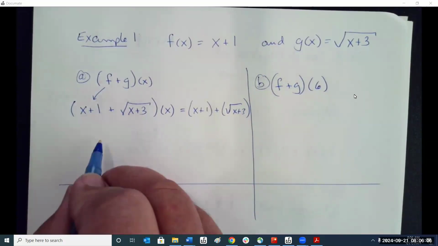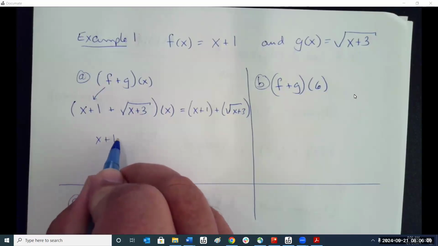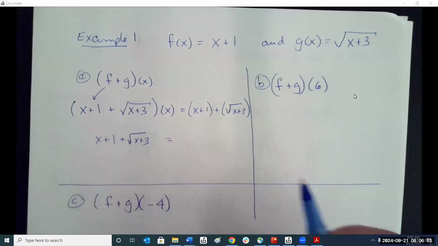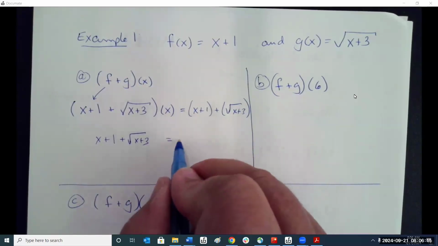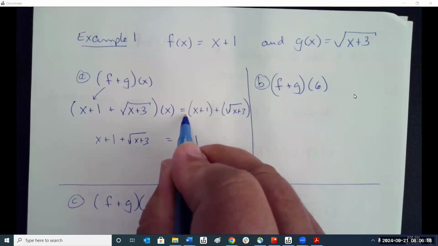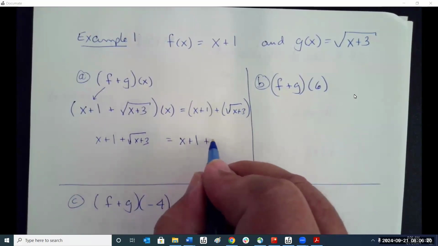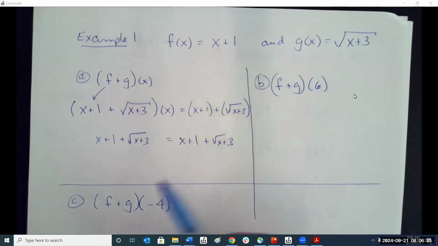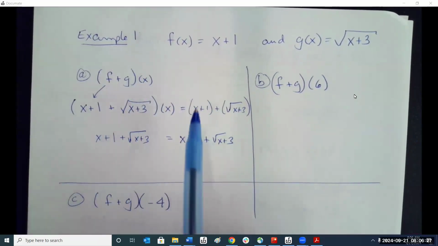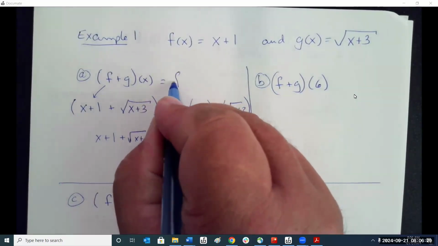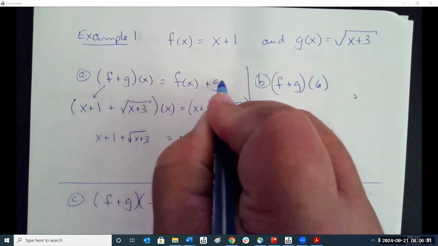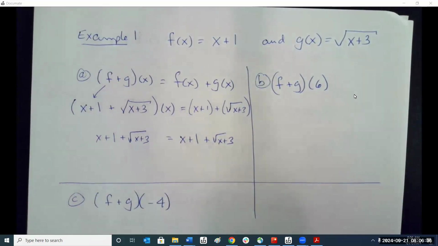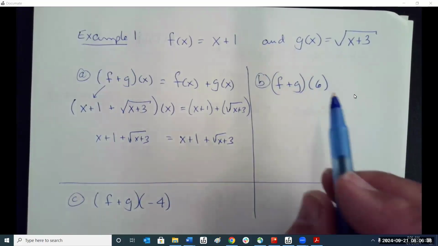There's nothing we can do inside there, so I don't need the parentheses. Likewise here, there's no coefficient. That's a plus, nothing else. So you see both sides of these things are going to be equal, because that's what the rule says.